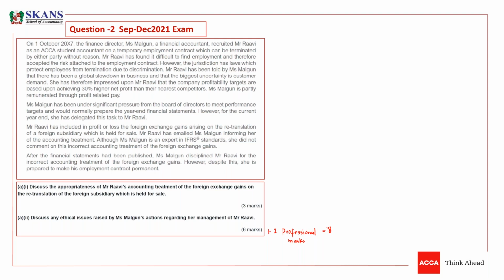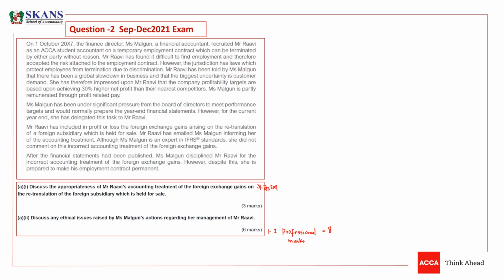So let's understand, guys, what is the requirement. First, the year end is 31st December 2007. So discuss the appropriateness of Mr. Ravi's accounting treatment of foreign exchange gains on the retranslation of foreign subsidiary which is held for sale.